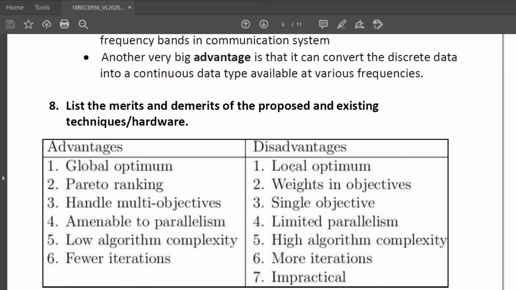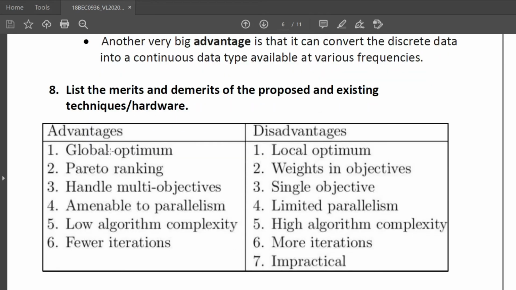Talking about the advantages and disadvantages, we know it's global optimum, local optimum. So I'll talk about the advantages of the proposed architecture. Parallelism is there, amenable to parallelism, low algorithm complexity, fewer iterations, handles multiple objectives. That is really important: handling multiple objectives, backdoor ranking.